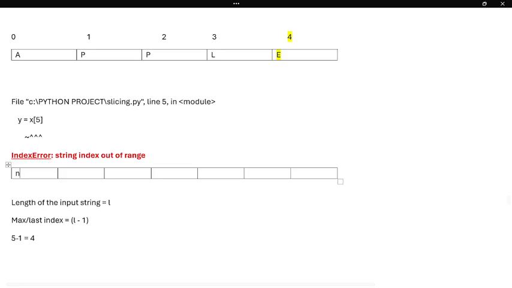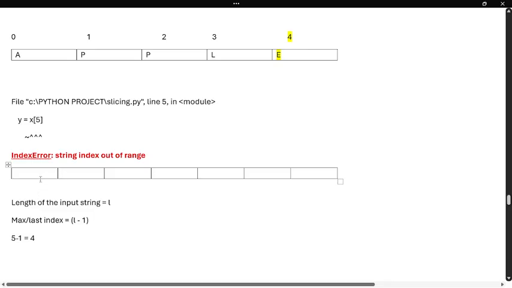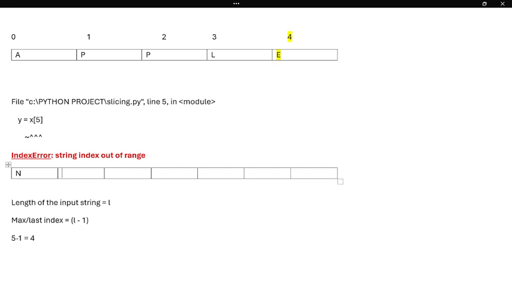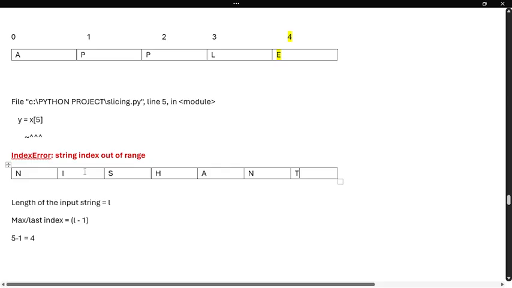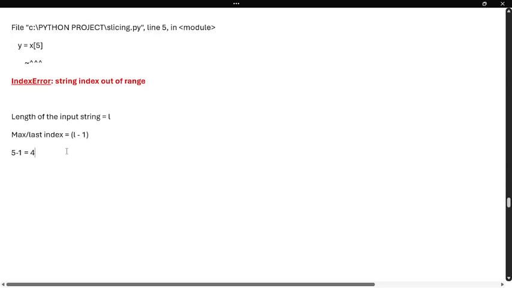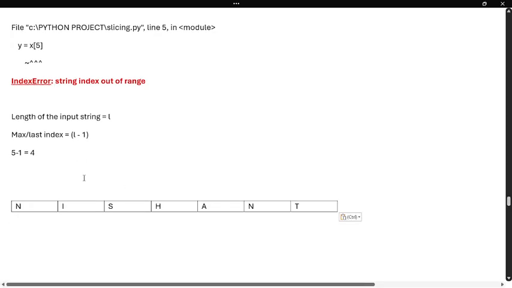Don't you think if I give n, i, s, h, a, n, t, Nishant? Let me explain.